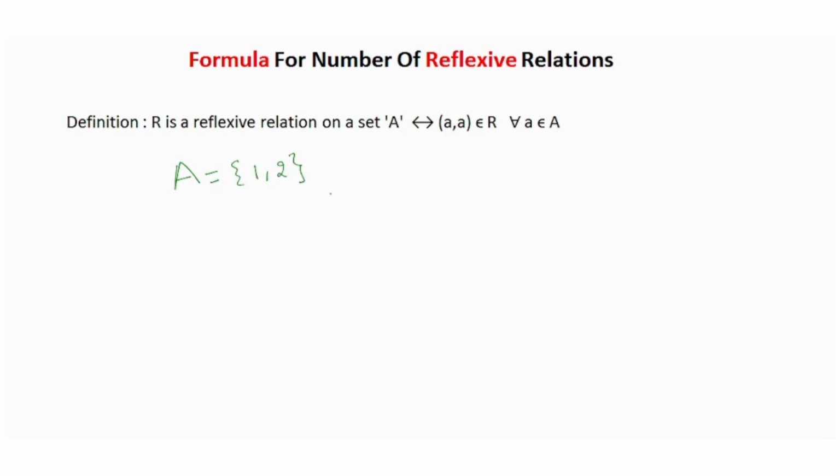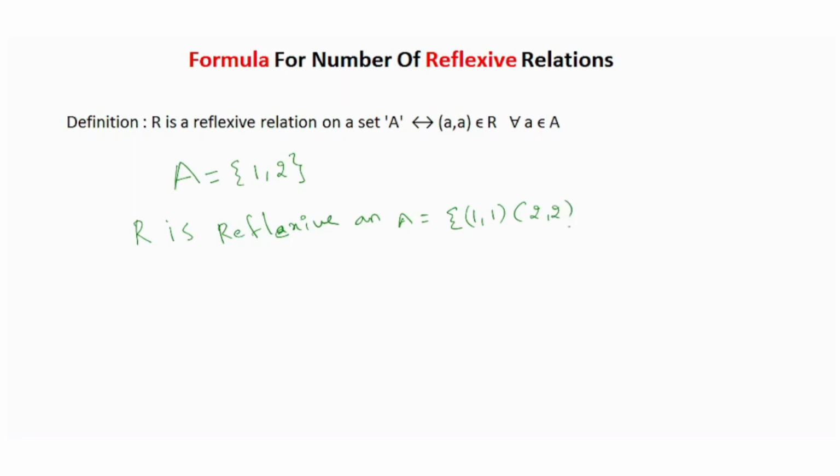R is reflexive on A. That means the set compulsorily contains (1, 1) and (2, 2).